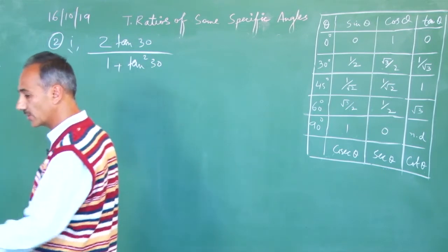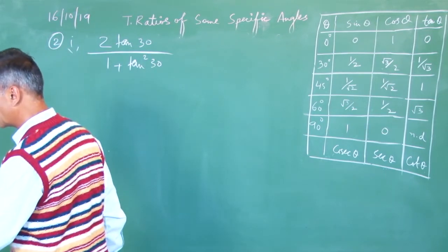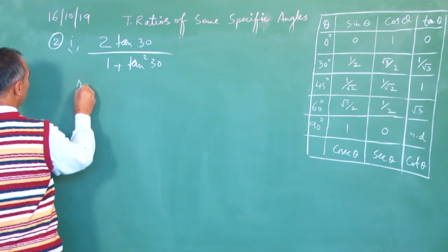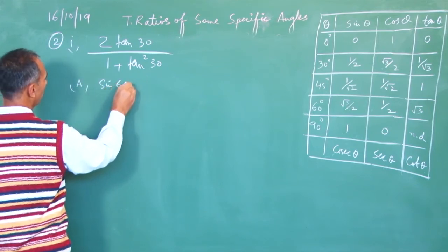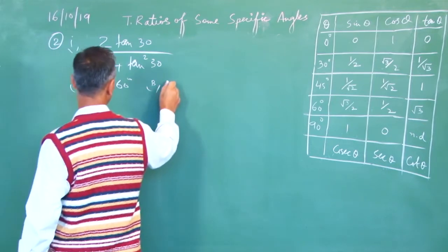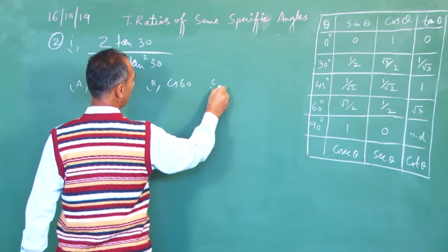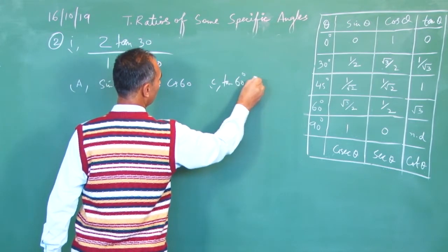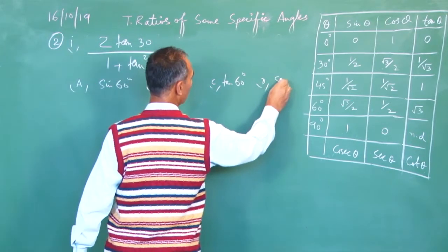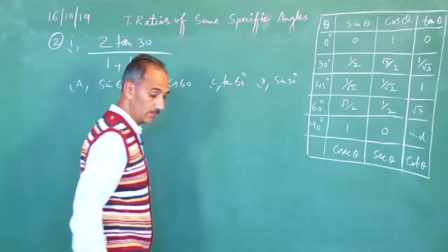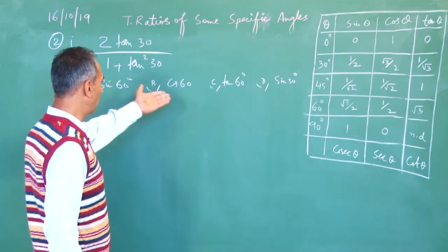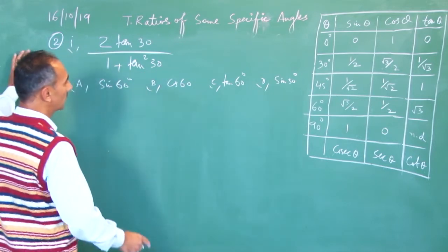Now there are 4 options given: A is sin 60, B is cos 60, C is tan 60, and D is sin 30. This is an MCQ worth 1 mark. So you'll evaluate this and see out of these 4 options which is the correct one.